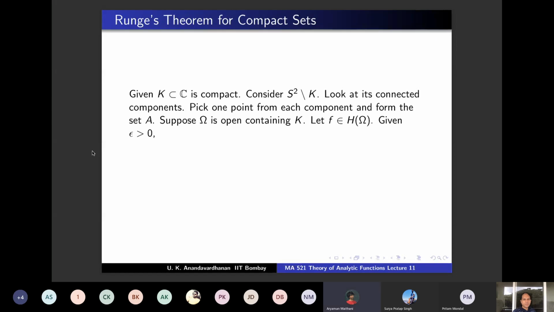Omega is in C, or are we considering it on the sphere? Omega is an open set in C. Right, I quickly made that remark, but let's see the proof also.